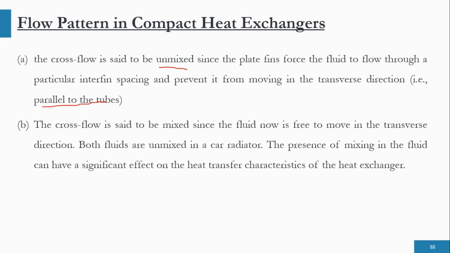However, the cross flow is said to be mixed once the fluid is free to move in any direction in the transverse direction, which is parallel to the tubes as well. Like if we talk about the car radiator, both fluids are unmixed in a car radiator. The presence of mixing in the fluid can have a significant effect on the heat transfer characteristics of the heat exchanger, which we will definitely be studying in our upcoming parts.